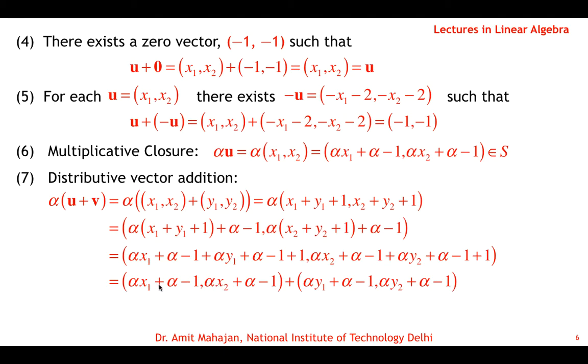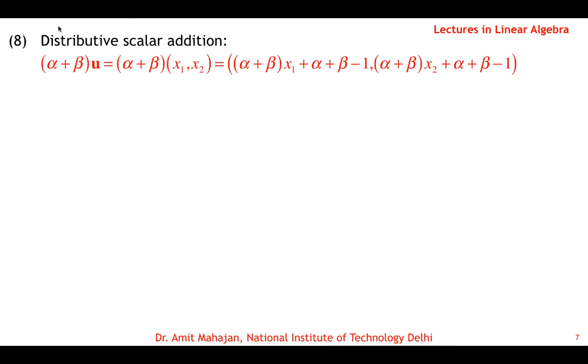If we have this result, then backwards it is alpha times x1 x2, and this backwards is alpha times y1 y2. Clearly the first is the u vector, the second is the v vector, so we get alpha u plus alpha v. So the seventh property is also satisfied. The eighth property is distributive scalar addition. That means alpha plus beta times u is alpha u plus beta u.